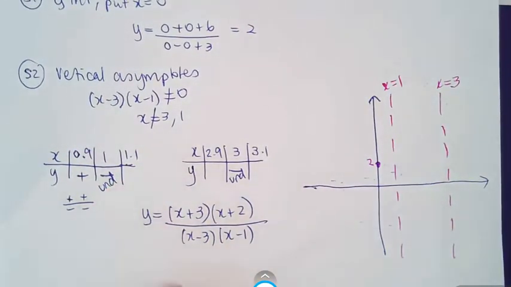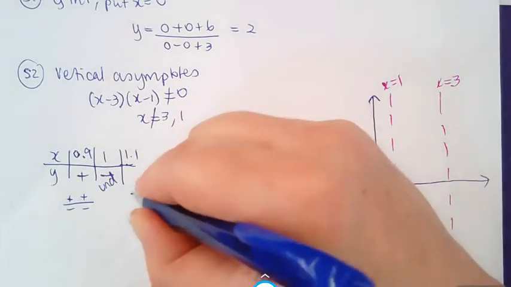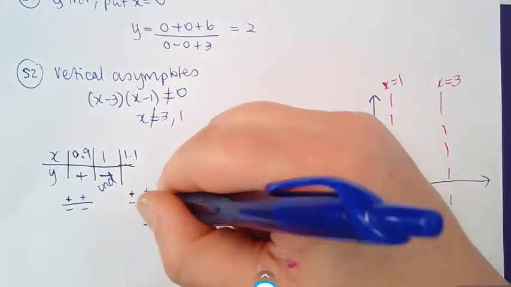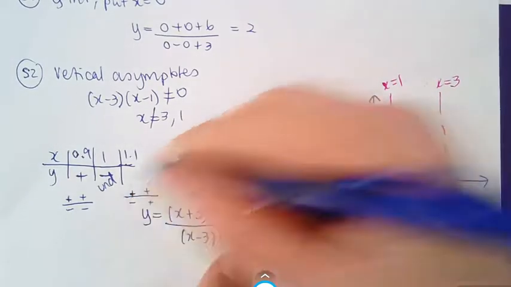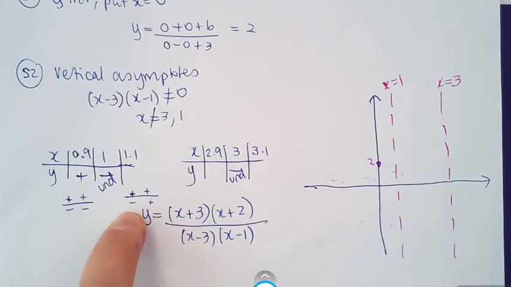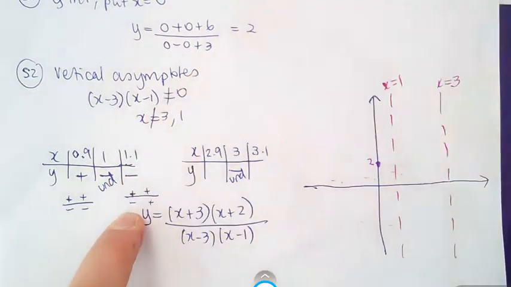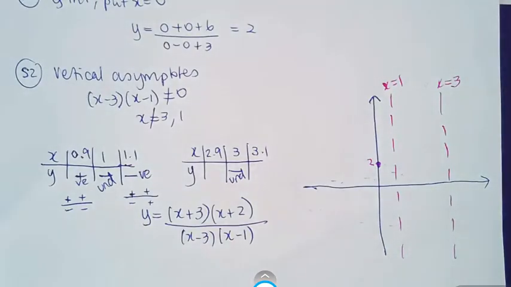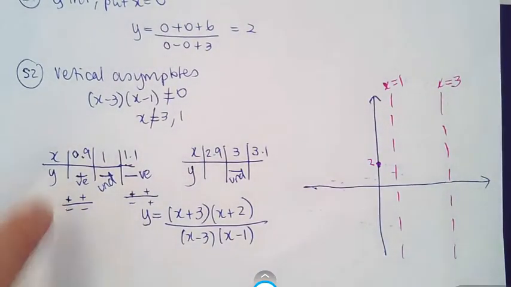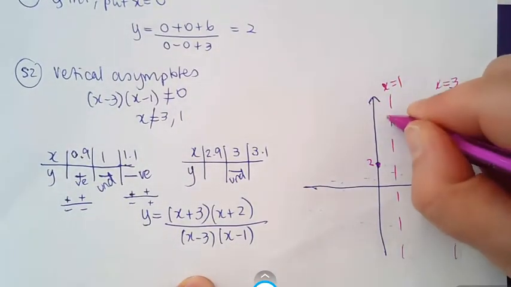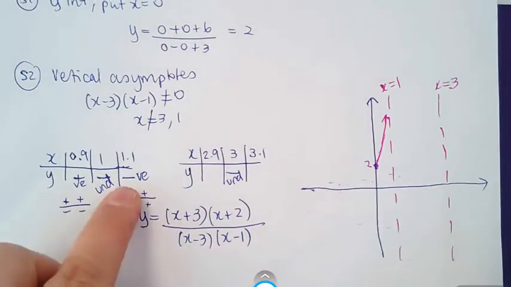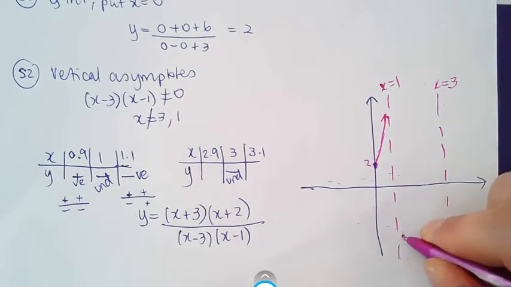Right, what about 1.1? Positive, positive, negative, positive. Two positives divided by a negative, negative. This is quicker now. So what's going to happen at 0.9, did I say positive? It's going to be up here. At 1.1, it's negative. It'll be down here.